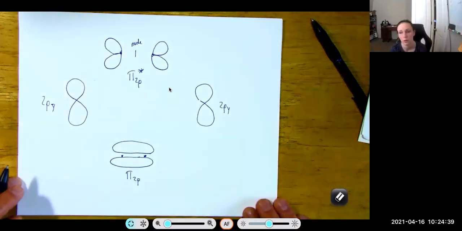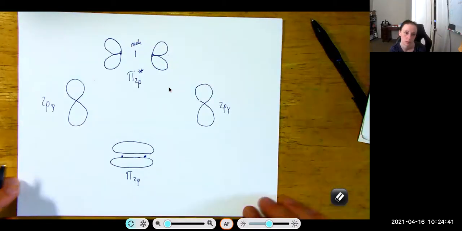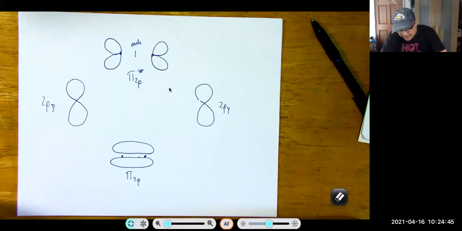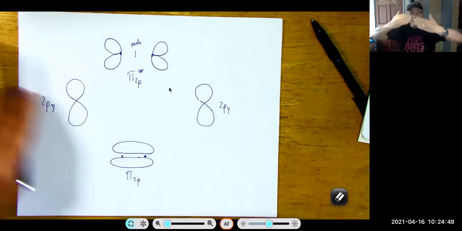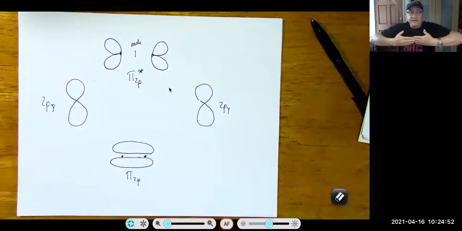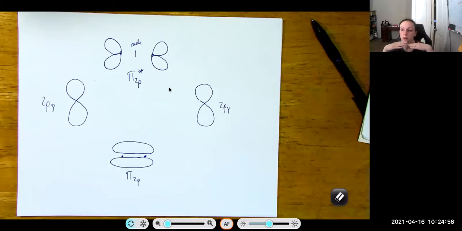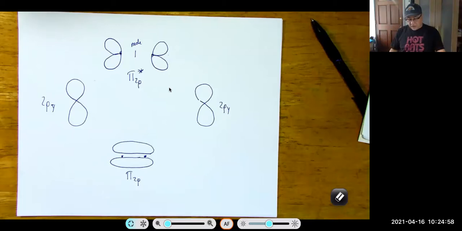How does the Y orientation end up like that? Because when you're making the MOs, these guys are side to side, whereas the X's are head to head. Yeah, the X's, because we're talking about the X's.